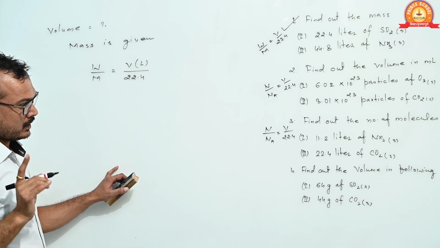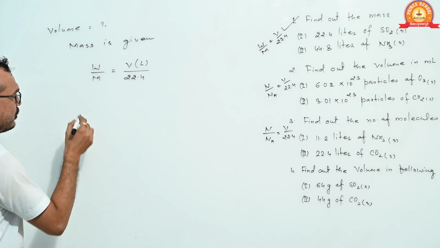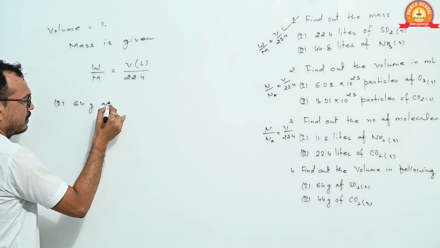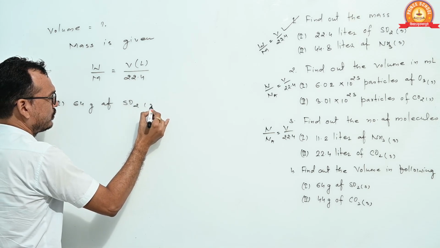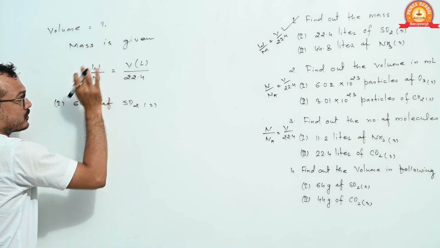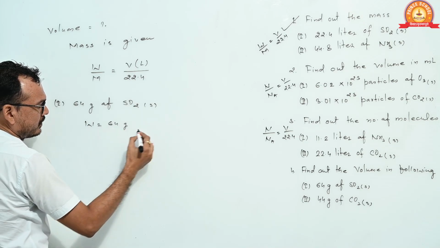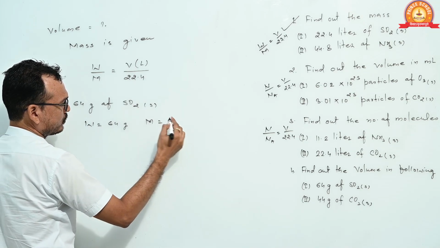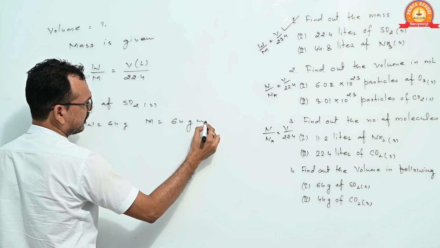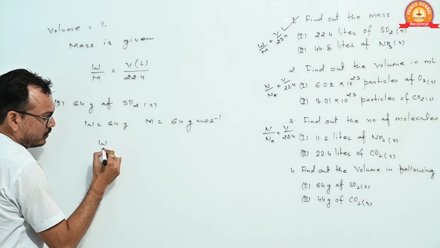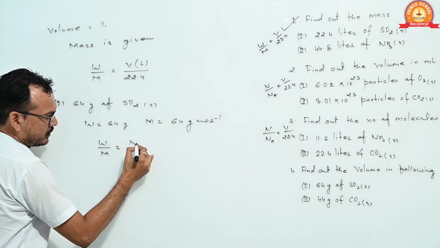First is 64 gram of SO2 gas. Is that clear? It means W is 64 gram and the mass of SO2 is also 64 gram per mole. Then we apply W by m is equal to n upon Na.